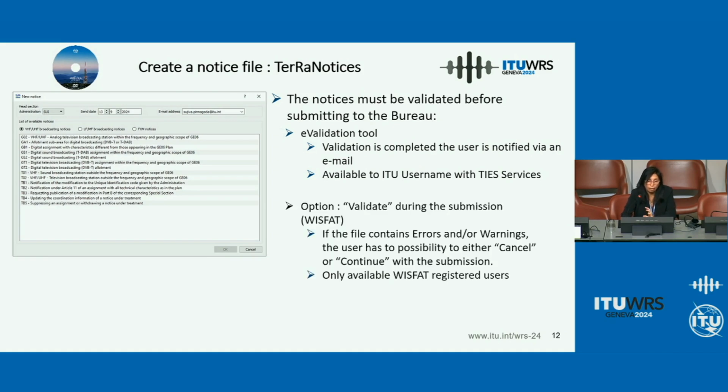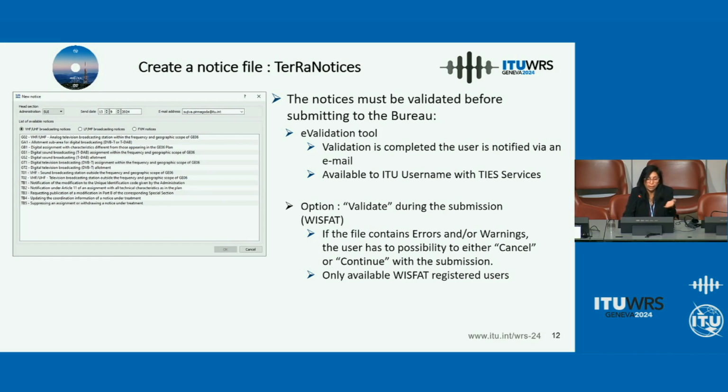And now we have a new option, which is to validate during the submission to the Bureau. So you can submit and request it to be validated during the submission. When you do that, imagine your file has errors or warnings. You will have a link to the e-validation portal to check the error or warning.